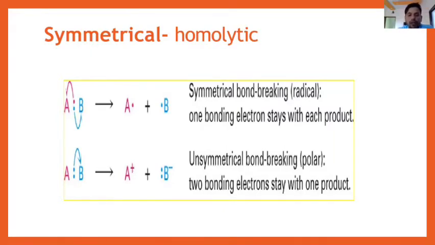So in heterolytic bond cleavage, electrons are unsymmetrically divided. Here, in the homolytic case, the two electrons are symmetrical: one is given to one atom, one is given to the other. So this is symmetrically divided. Here there is unsymmetrical bond breaking, so the electrons stay with one of the atoms. One atom gets all the electrons, one atom doesn't get any. So this is unsymmetrical division of electrons.